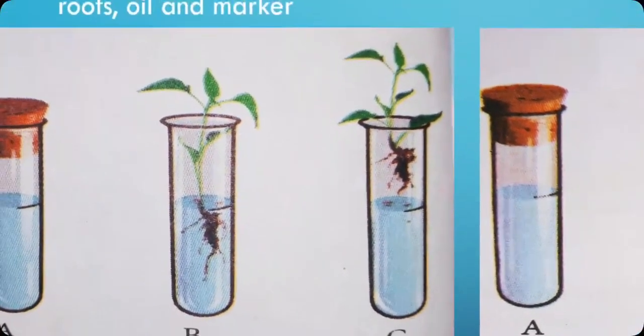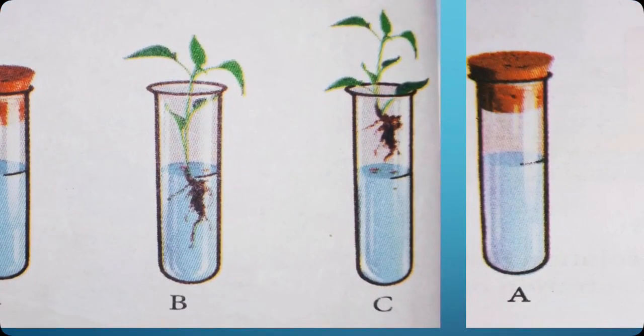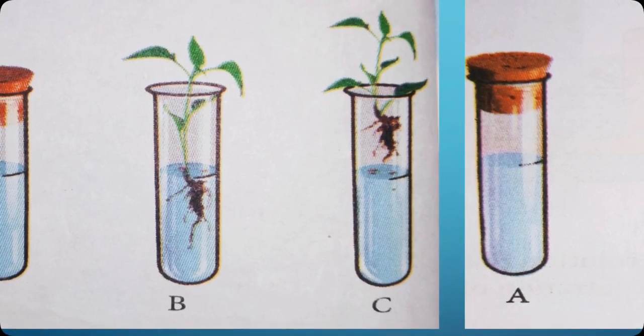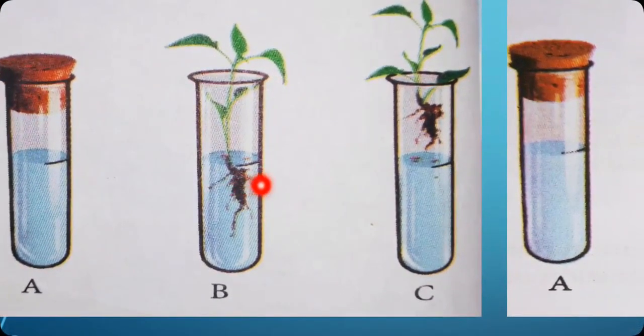In C, you have to put the plant, but the roots should not touch the water. In B, you can see that the roots are free floating in the water, and here the roots are above the surface of the water. And again, you have to put oil in the C test tube also.